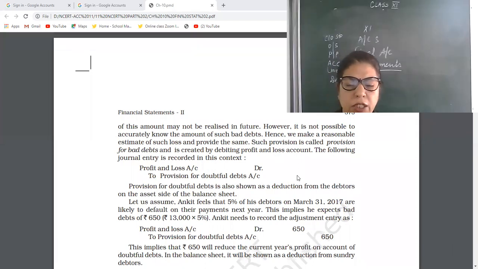So profit and loss account debit to provision for doubtful debts, and this is to be shown at the debit side of P&L because provisions are shown in the debit side of profit and loss account, and it is to be deducted from the debtors on the asset side of the balance sheet.